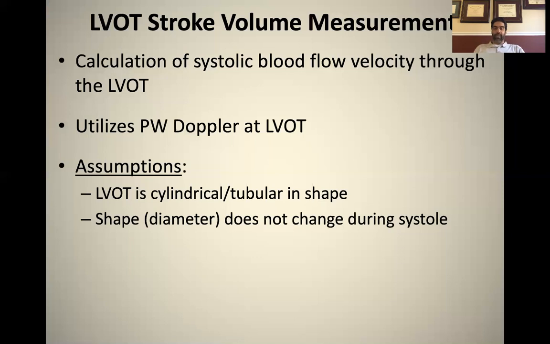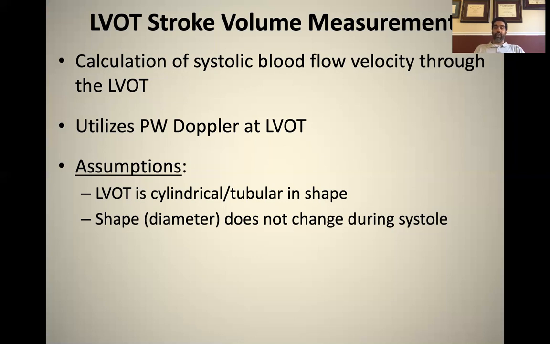And that lies mainly in the reason that you can actually measure the bore or the diameter of the LVOT. Okay, so what we do is we use Doppler to estimate the flow velocity of blood moving through the LVOT during systole.